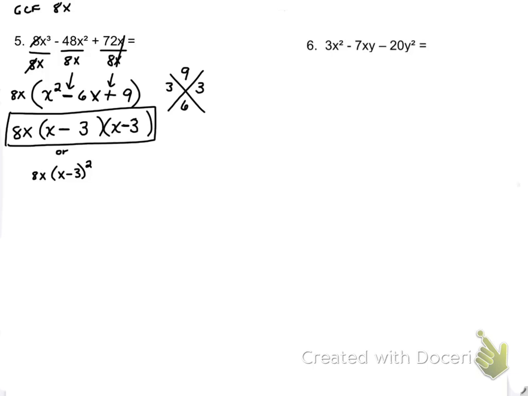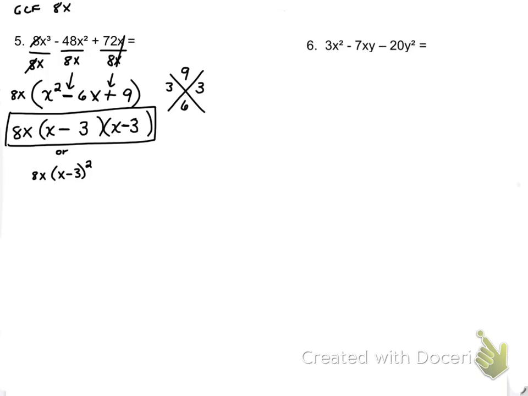I think it's better in this, as we're coming into rational functions, to list them all out completely, because when we multiply and divide to simplify, you're going to have to cancel factors. And so if you have them written with an exponent, sometimes you might miss a factor that you could cancel. So I would leave it all written out. And if Ms. Lovell has a preference, she will tell you what that is.